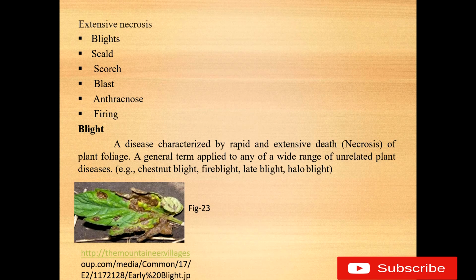Whatever it is, in all cases you can see extensive death of plant foliage, which may affect the leaves. The leaves are the site of food preparation, so once the leaves are affected, it may lead to the death of the whole plant.